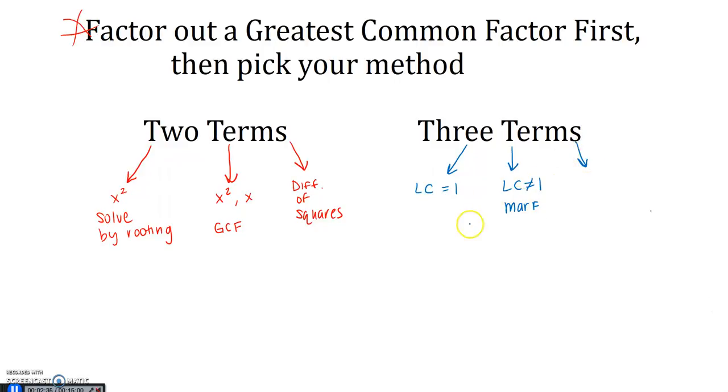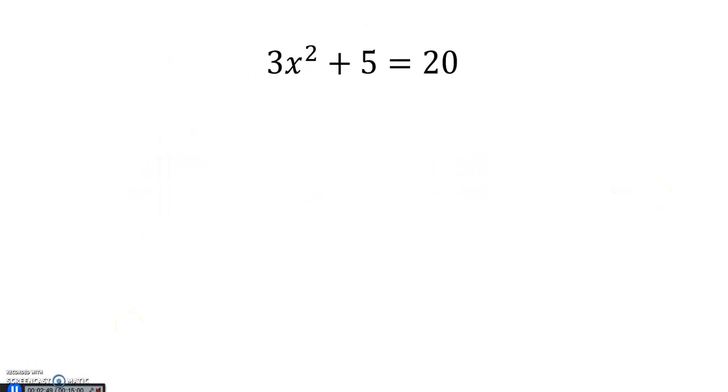And your third option, if it doesn't factor, you can always use the quadratic formula. So now that I've given you all of your options, let's do examples of each.